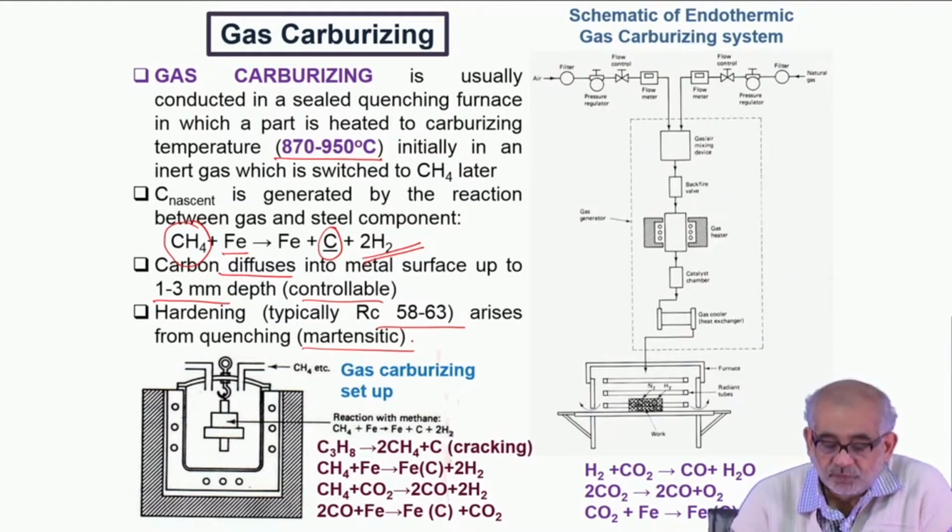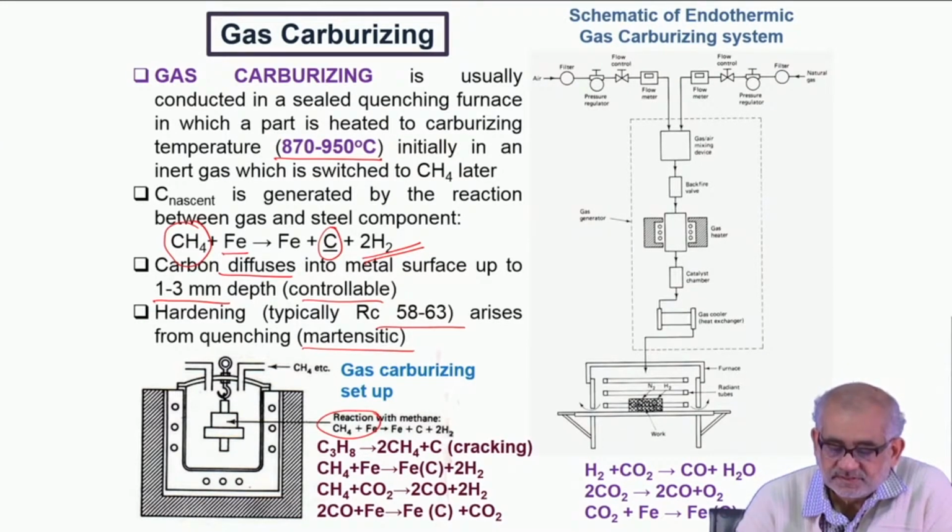So mostly it is a methane based process, but you can also use higher hydrocarbons, maybe ethane or propane and so on. For example, C3H8 gets dissociated at high temperature, so we get again liberation of nascent carbon. Otherwise, this is the usual process. There is also a possibility of converting some of this carbon if there is some amount of carbon dioxide present in the chamber.